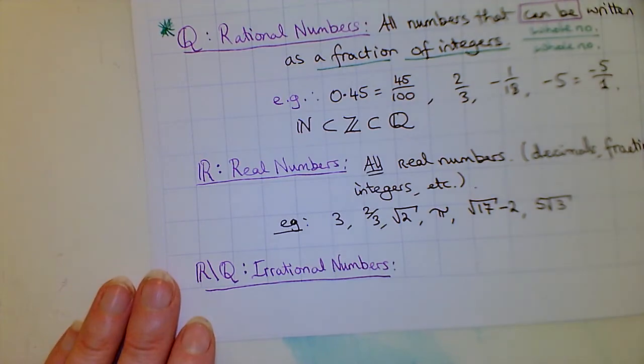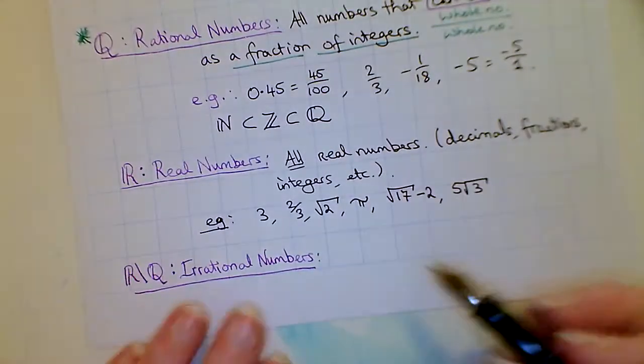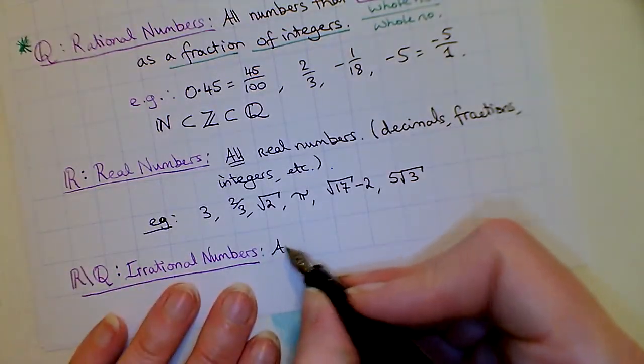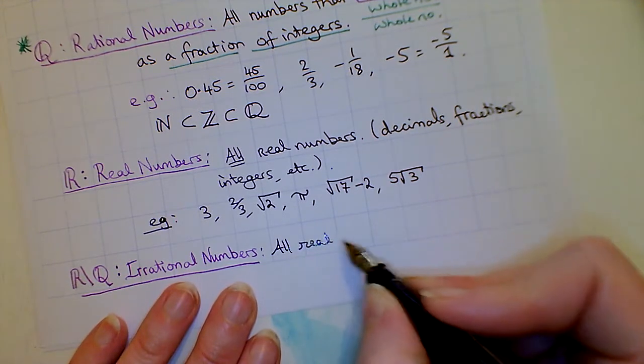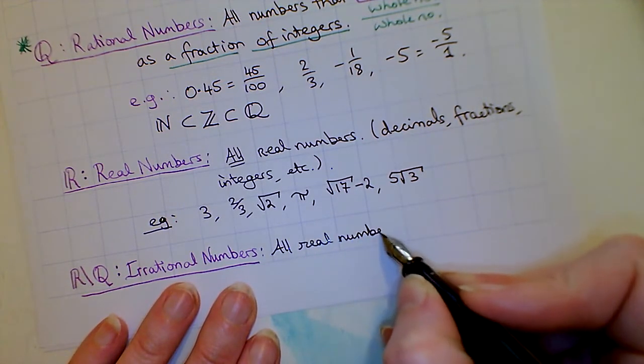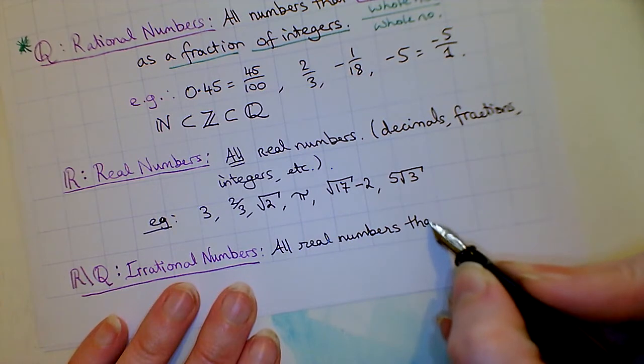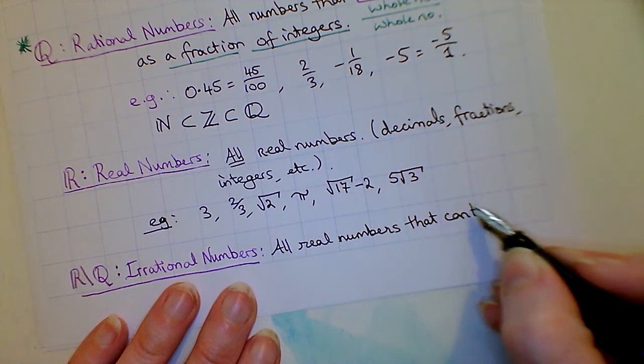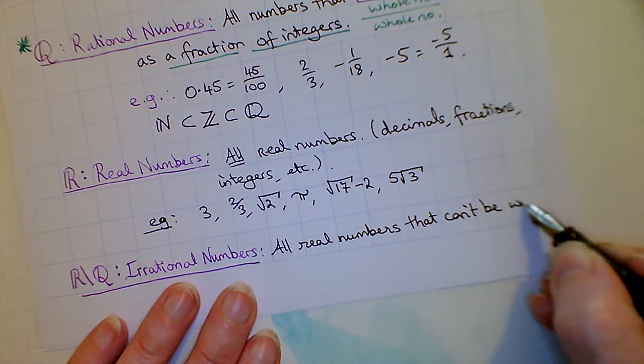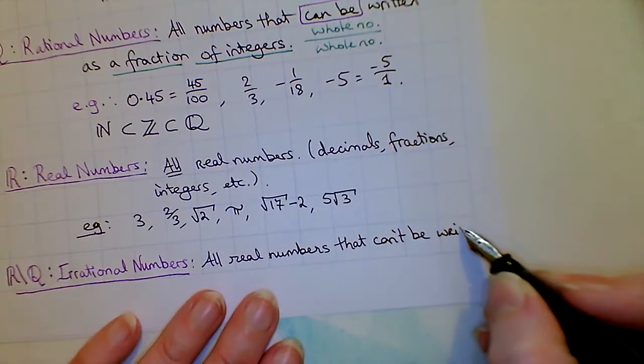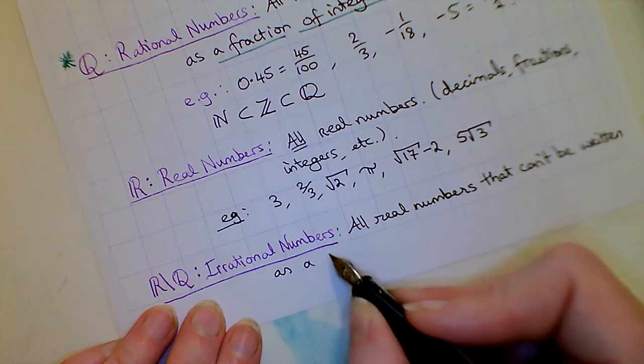So the irrational numbers are all real numbers that can't be written as a fraction of integers.